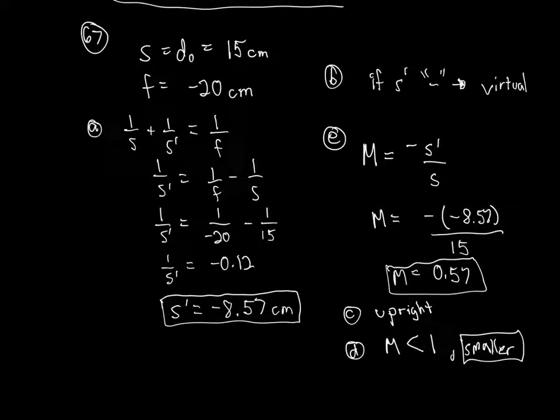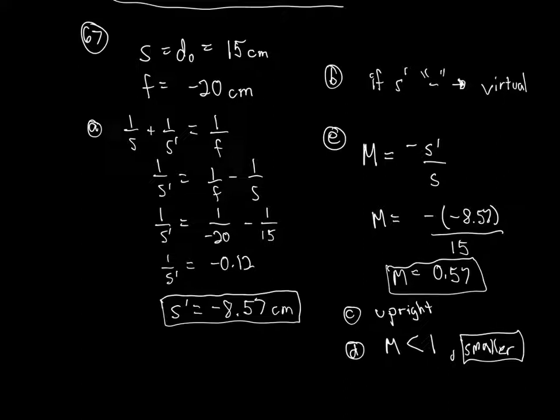Is there any other information you could ask us for, besides what you've already shown, for our test question? Sure. I could give you the height of the image or the height of the object, and ask you about the other.